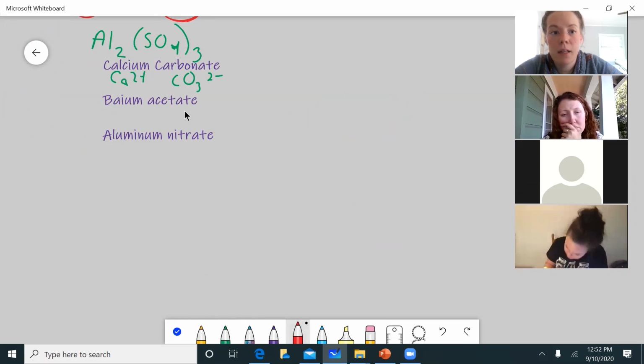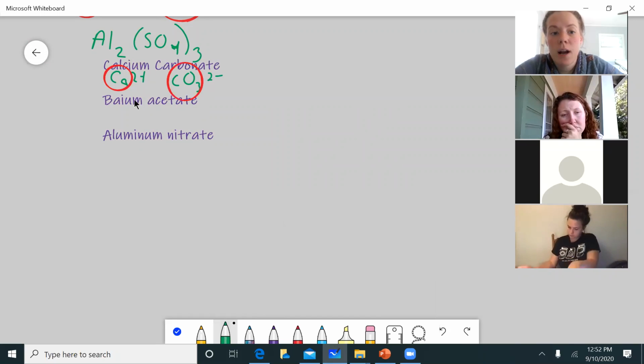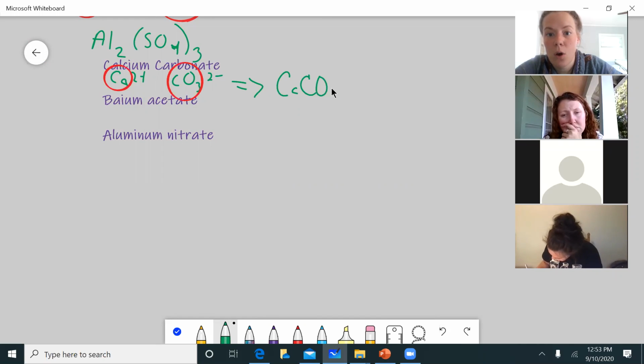Again, if it helps you with the polyatomic ions, think of them as a packet. So in this case, I'm going to flip-flop. It's going to drop to a 2 and a 2, but I can always reduce that down to a 1 and a 1. So this thing ends up being CaCO3.